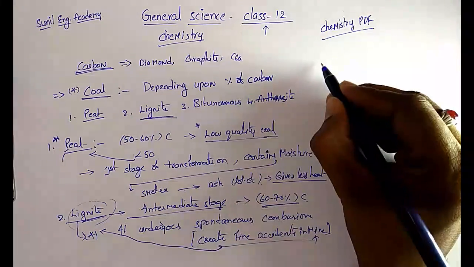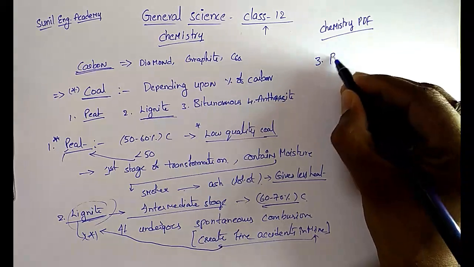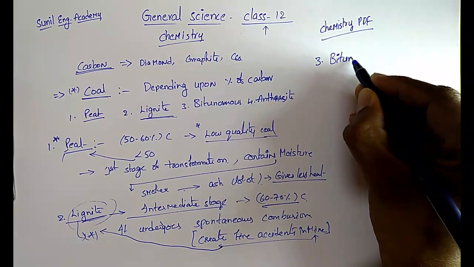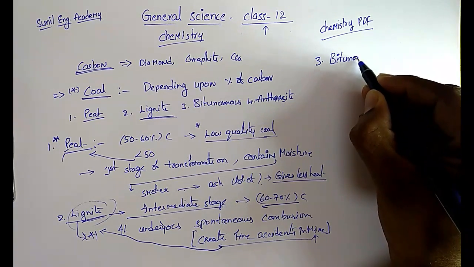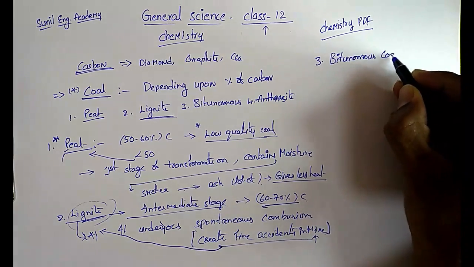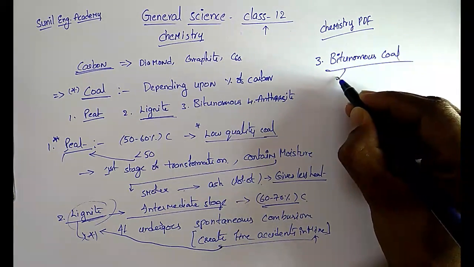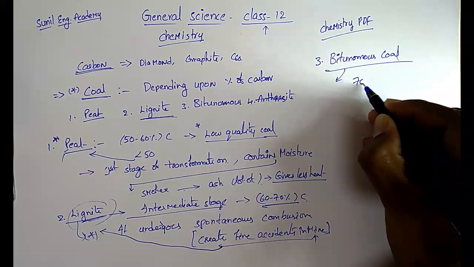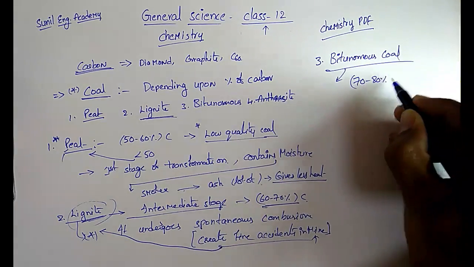And the next one, third one, bituminous coal. In this coal, the percentage of carbon is 70 to 80%.